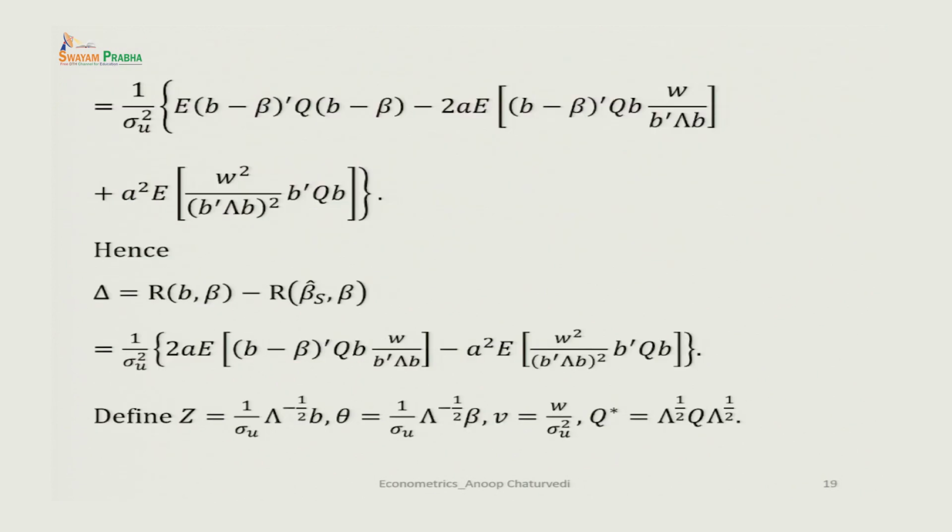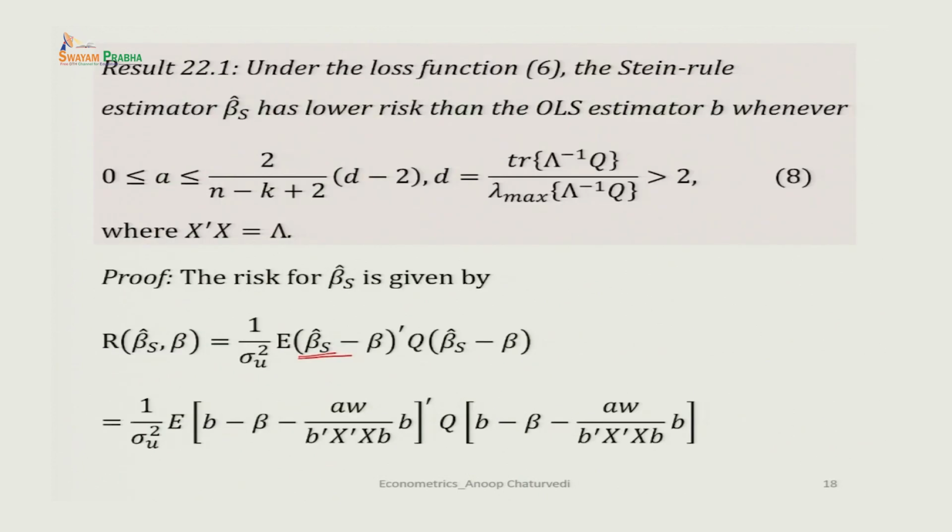So, we get 1 upon sigma square u expectation of (b minus beta) transpose Q (b minus beta). Now, this is the risk function of the OLS estimator. Then the second term is minus twice A expectation of (b minus beta) transpose Q b w upon b transpose lambda b, and then you have the square term A square expectation of w square upon (b transpose lambda b) square, times b transpose Q b. You get this term when you multiply this by this, and in between you have Q.